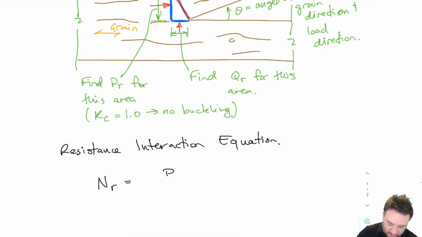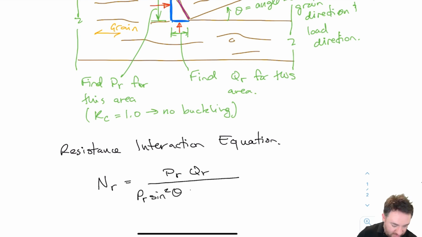And it's going to equal PR times QR divided by PR sine squared theta plus QR cos squared theta. Once I plug those two values in, where theta is the angle between the grain direction and the load direction, I get a resistance NR that I can compare to my load NF. And that's basically all there is to it.